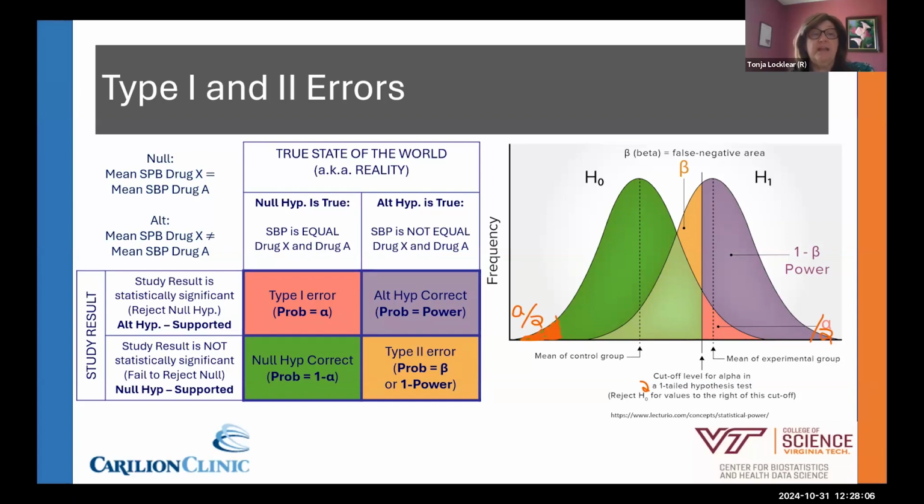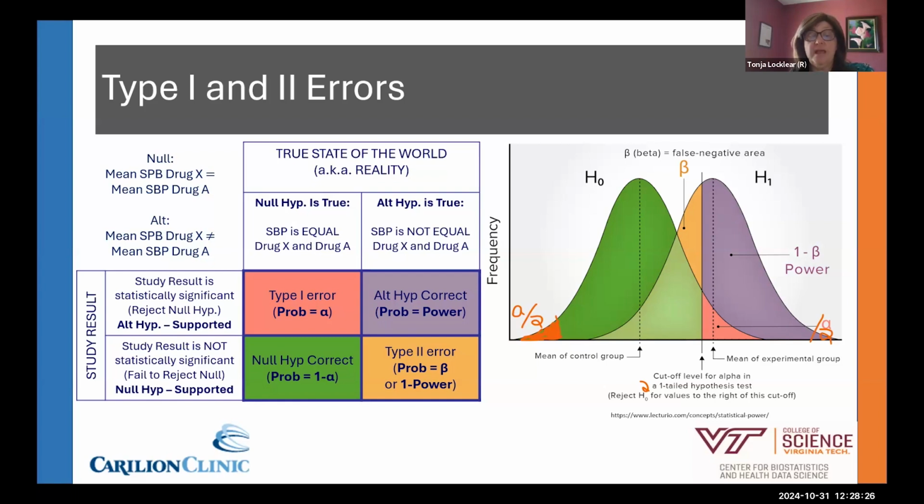If we end up having our null hypothesis supported and the null hypothesis is actually true, then that's our 1 minus alpha. That's our 95% chance. So we have a 95% chance that if our null hypothesis is actually true, we're going to find that it's actually true with our data.